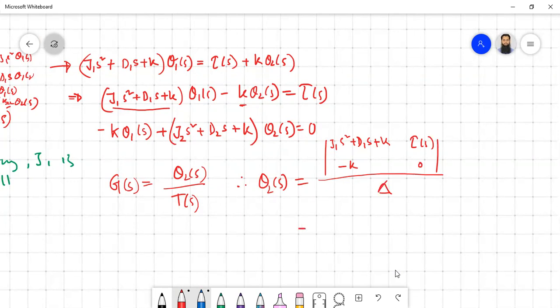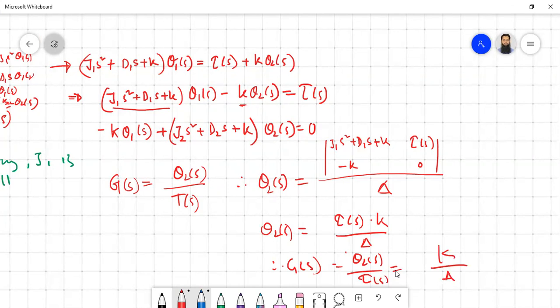So now you can easily find out. It will be just tau(s) times K by del equal to your theta 2(s). So basically your G(s) is equal to theta 2(s) by tau(s) equal to K by del. So del is just the determinant of the coefficients of theta 1 and theta 2. You can easily figure out how to do it.